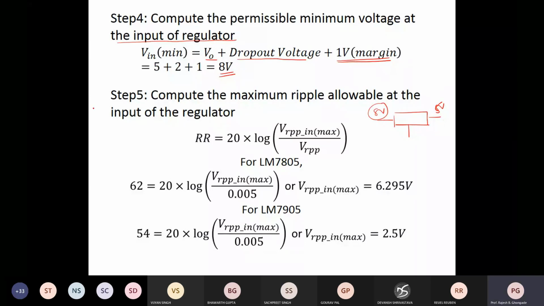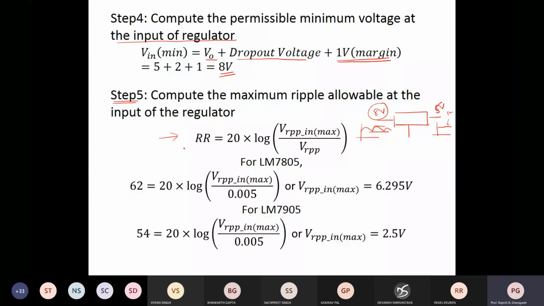Then in step 5, I compute the maximum allowable ripple. Again, it is going to be a rippled output, and my expected ripple at the output is a very small value of 5 millivolts. So what is the maximum ripple that is allowable? For that, you have to use the ripple rejection ratio formula.